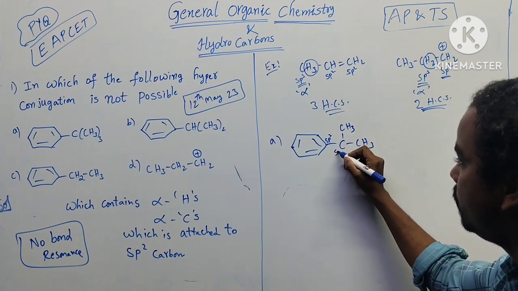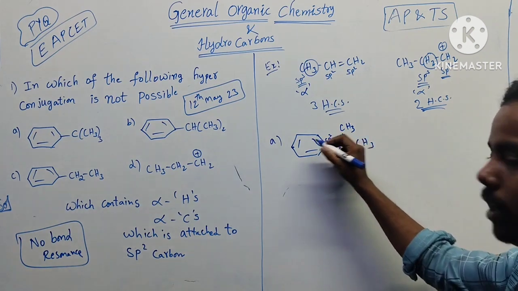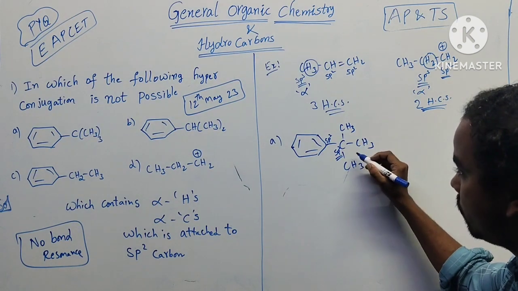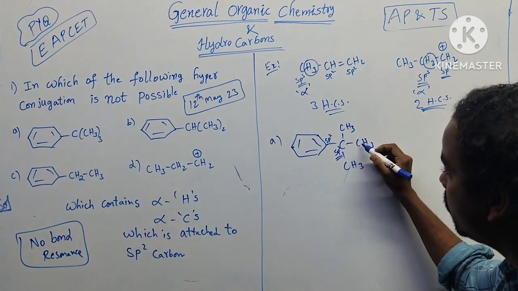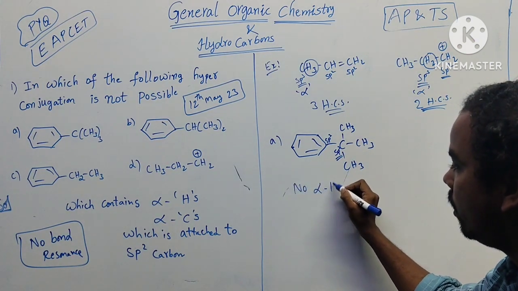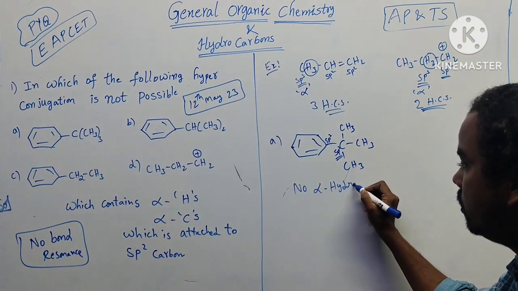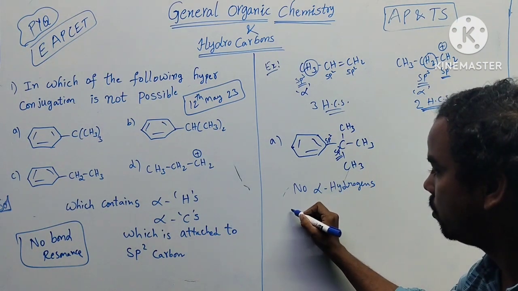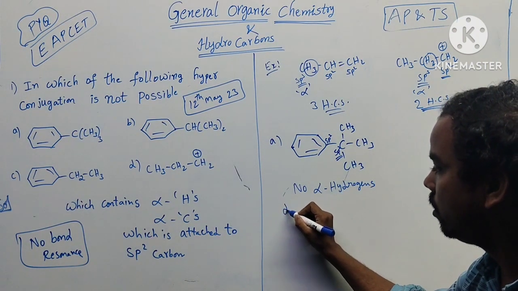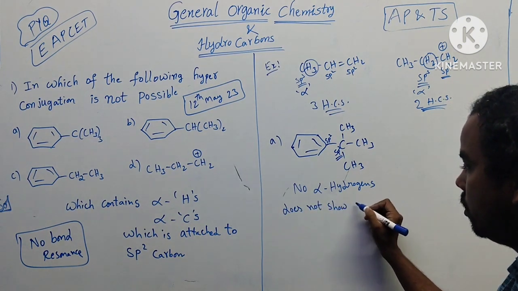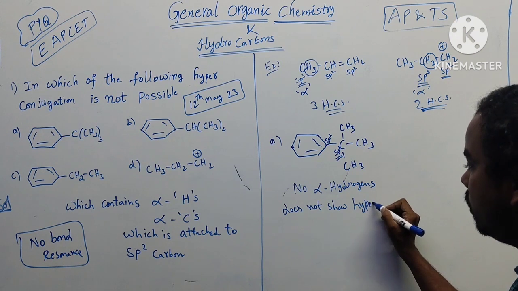The sp3 carbon directly attached to the sp2 carbon is linked only to carbon atoms and does not have any hydrogens. That means no alpha hydrogens, so it does not show hyperconjugation. Very easy.